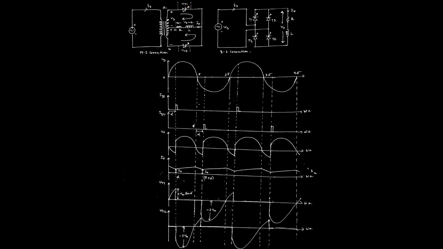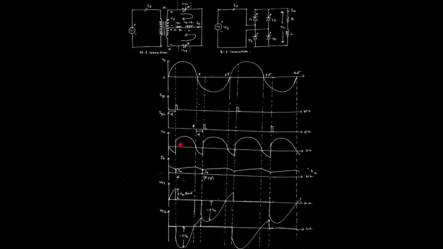That is why the SCR is still in working state. It continues conduction up to the point where the inductor is fully discharged, say pi to alpha, where the next triggering pulse is given across the second thyristor for the negative half cycle of the supply.